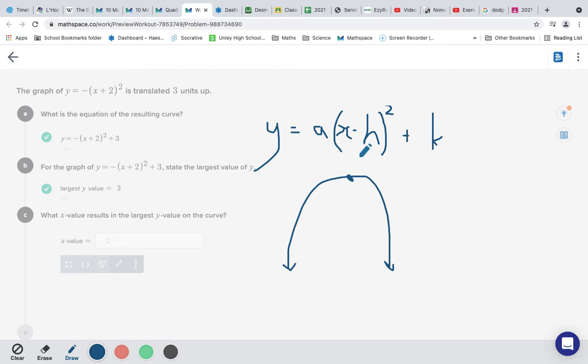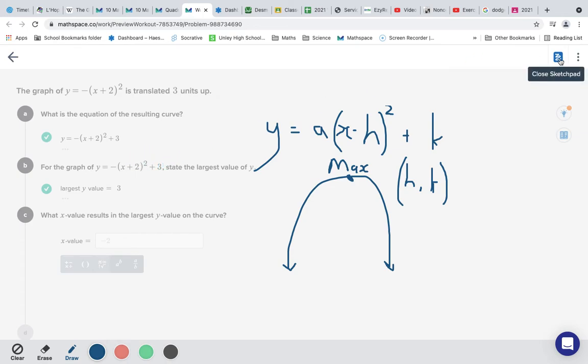They're talking about this maximum point, and it's at the turning point. The turning point is coming from h and k. Because the quadratic is in this form, I can read this turning point off really easily. It's minus 2 and it's 3.